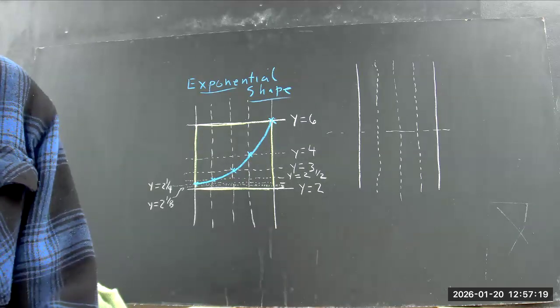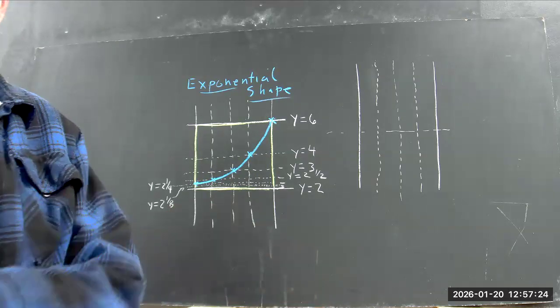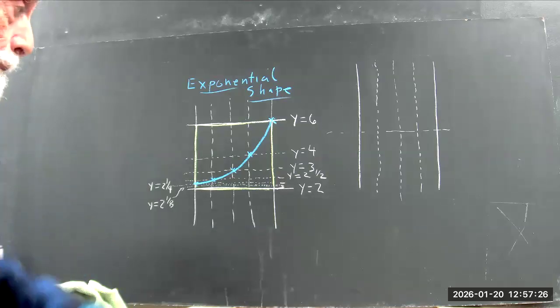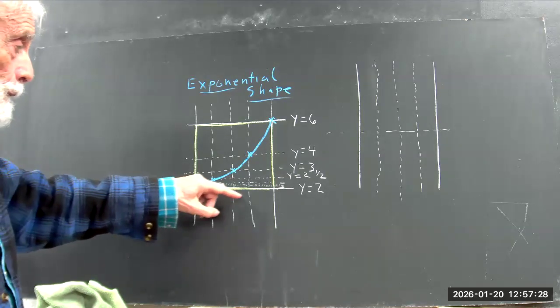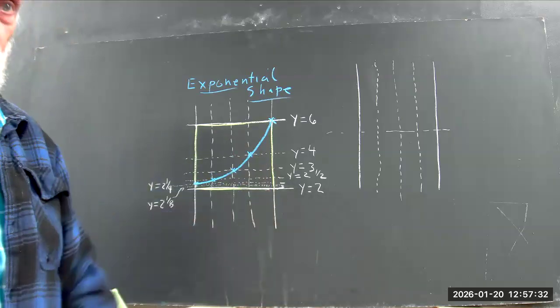You invest $10,000 at 6% interest. It's going to double about every 12 years. These lines represent 12 years, 12 years here, 12 years, 12 years, 12 years.